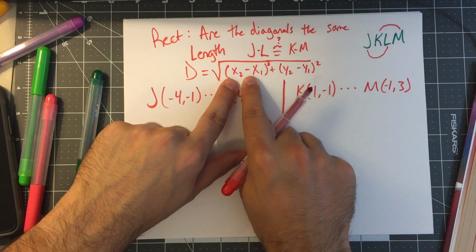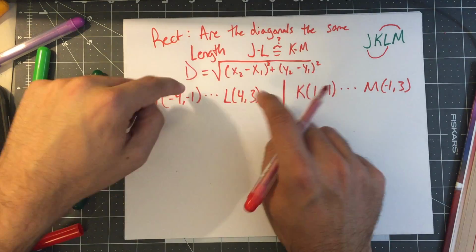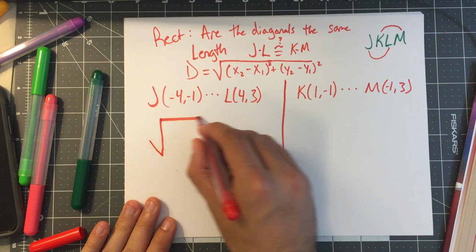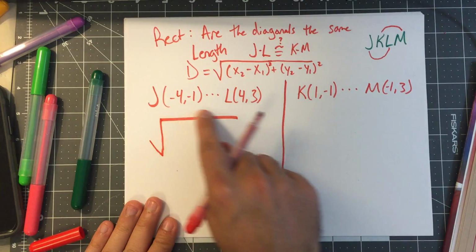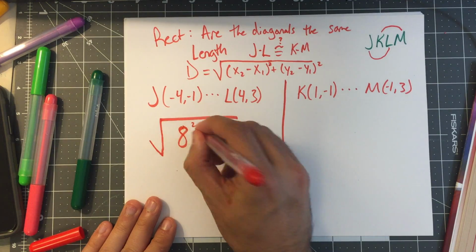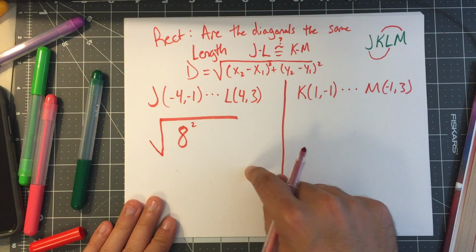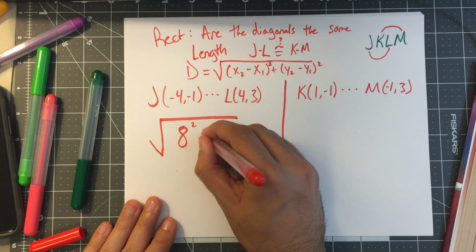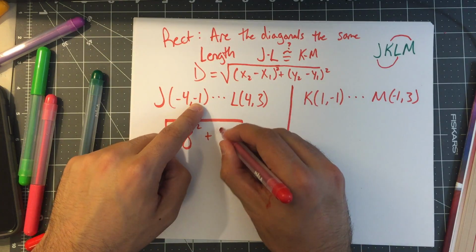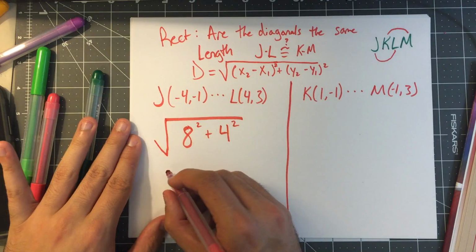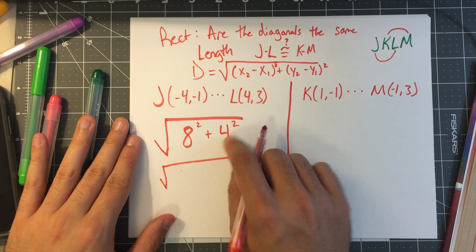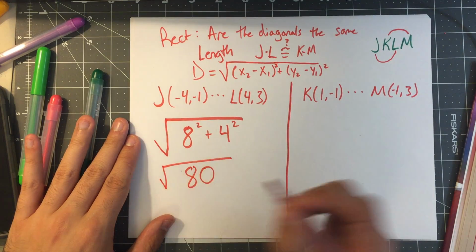Once again, a shortened way of doing this is to ask how many hops I go in x, square that, then how many hops in y, square that, and add them together. So how many hops from -4 to 4? That's 8 hops: -4 to 0, 0 to 4. Plus 4 hops to get from -1 to 3. 4 squared. So my total distance is the square root of 64 plus 16, which is 80.